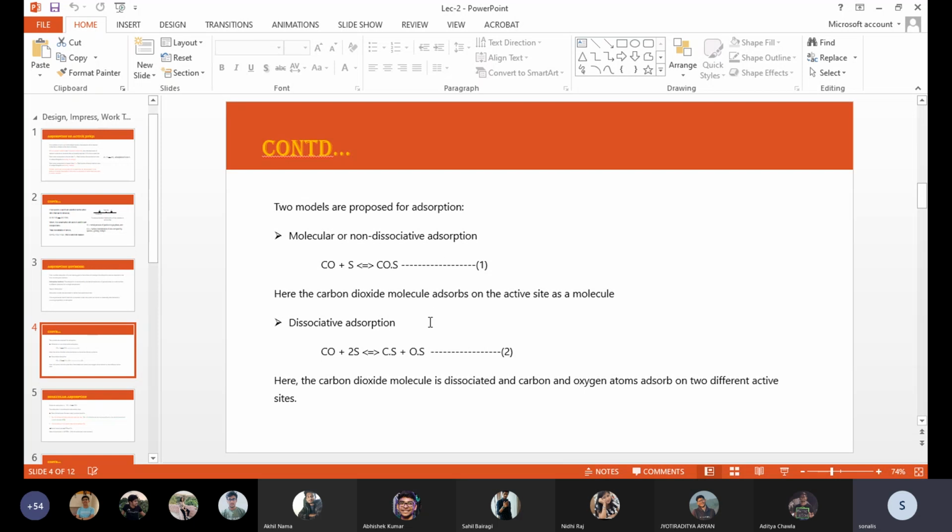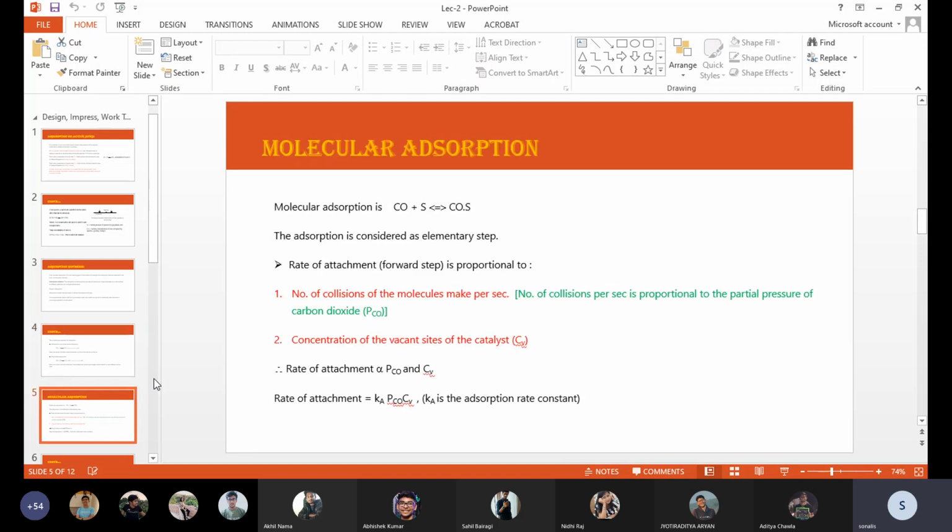So these are the two different types of adsorption that usually occur. We have taken the simplest molecule. There may be different types of molecules in the gas, so their adsorption may follow either of these two. These are two very generalized models.